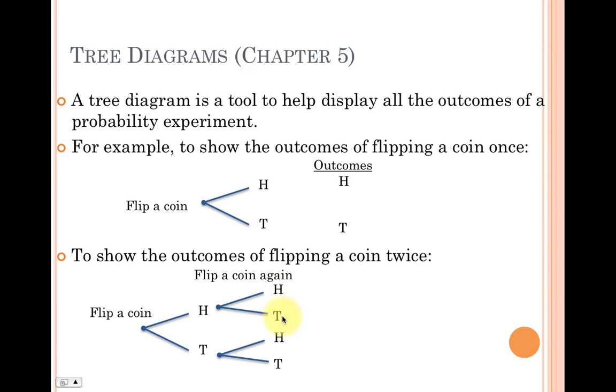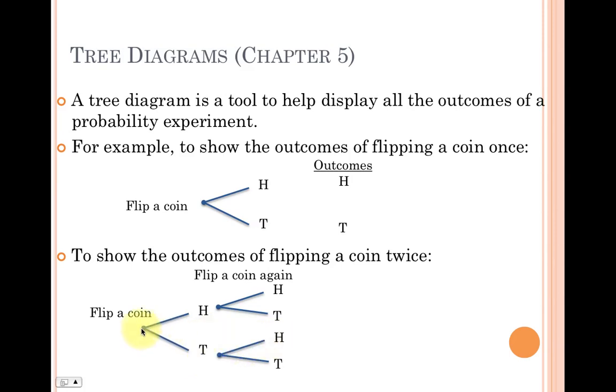So when you flip a coin twice, a possible outcome could be to get heads on the first and then heads on the second. Another outcome could be heads on the first and tails on the second. A third outcome could be tails on the first and heads on the second.